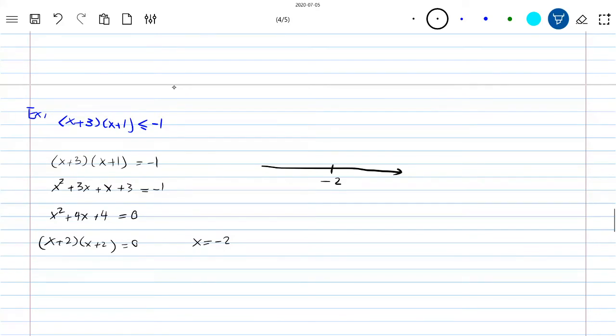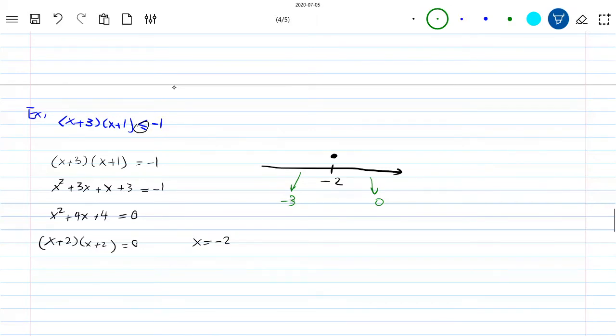I'll pick negative 2. And is negative 2 acceptable? Yes, it is, just because you have the equality. I'll say this is a closed point here. I'll pick test points. Less than negative 2, I'll pick negative 3. Greater than negative 2, I'll pick 0. You can pick negative 1, 0, 1, 2. Just be careful.